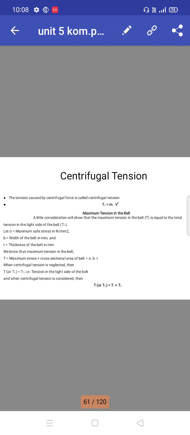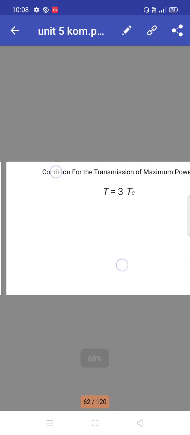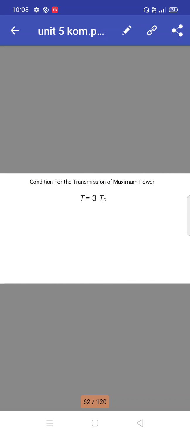When centrifugal tension is neglected, then T or Tt is equal to T1, that is the tension in the tight side of the belt. When the centrifugal tension is considered, then T or Tt is equal to T1 plus Tc. The condition for transmission of maximum power is T is equal to 3 Tc.